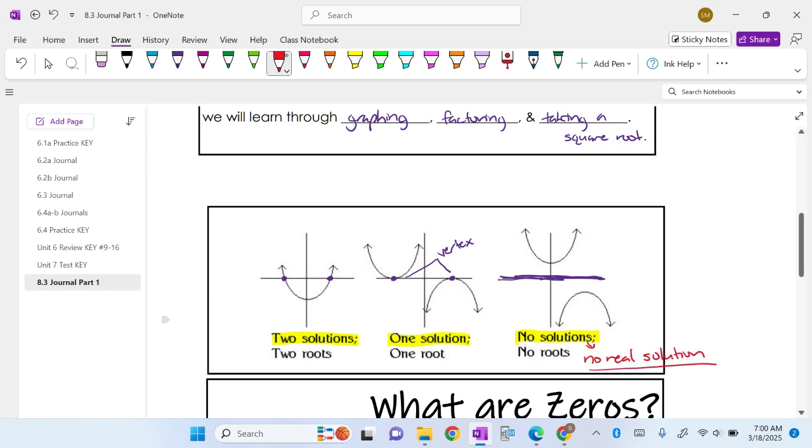And then in Math 2, you're going to talk about what that means. And you're actually going to find the non-real solution. But just for this class, we only care about if you can identify that there's no real solution, meaning it's not a real number. So whenever you have no solution, so to speak, I expect you to write no real solution.